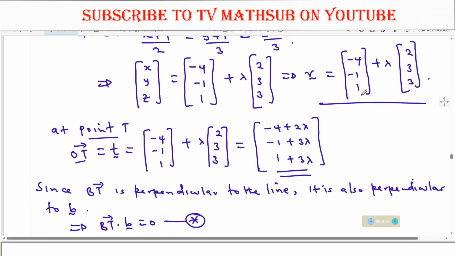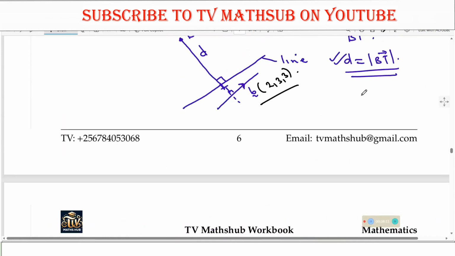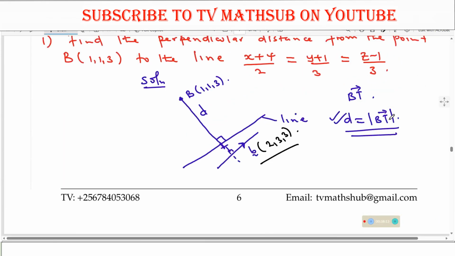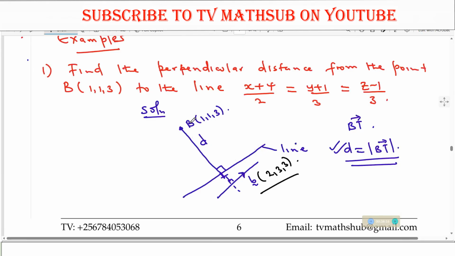But after getting the value of lambda, what is your interest? Your interest is to get the distance from B to T. This is the perpendicular distance we are talking about. To get that distance, you must first know the vector BT.